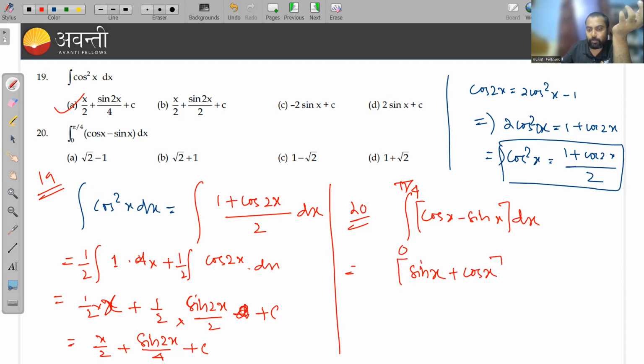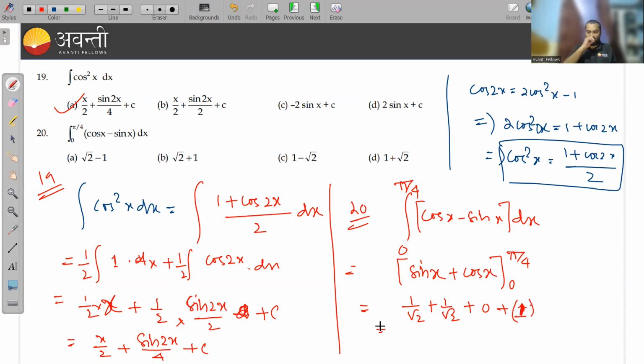So now we'll use the limit 0 to pi by 4. If you put the upper limit first, sin of pi by 4 gives you 1 by root 2, and cos of pi by 4 will give you 1 by root 2. And when you put the lower limit, sin of 0 is 0, and cos of 0 is 1.